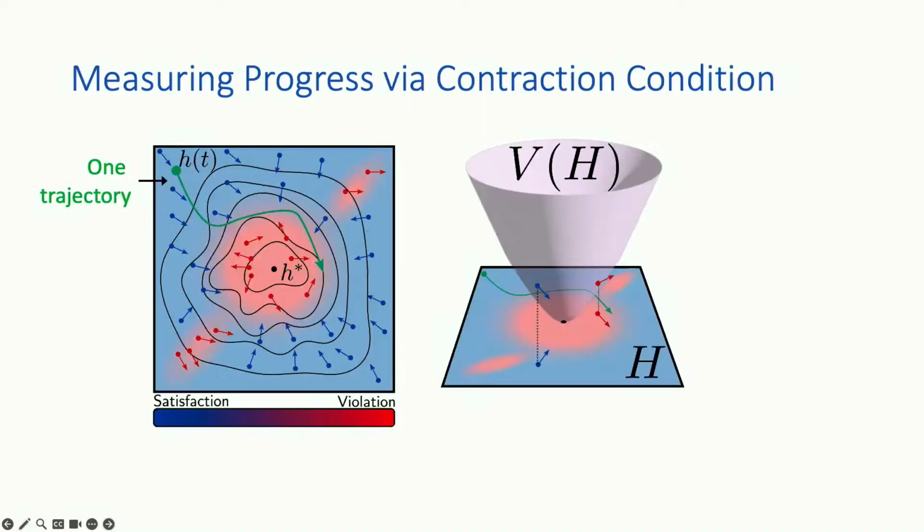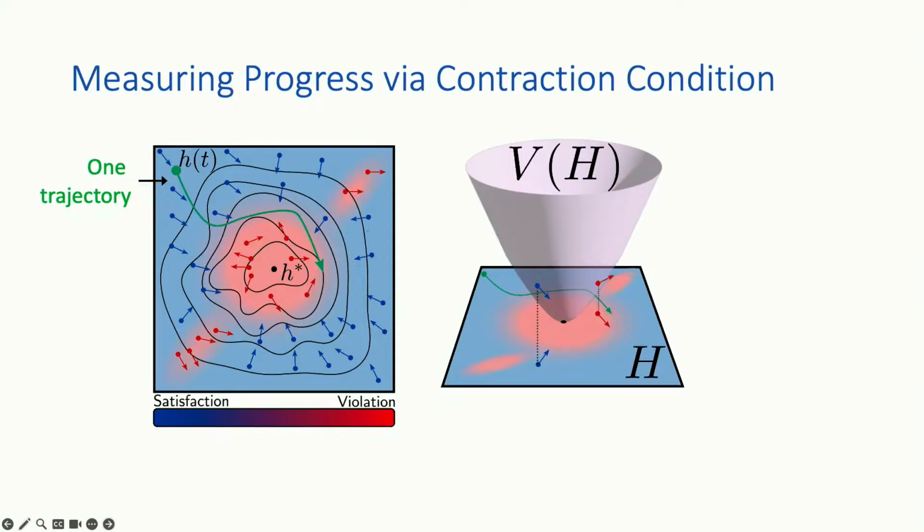So the way we think about building up to Lyapunov loss and the training objective is to measure progress via this contraction condition that I just described earlier. So what I'm showing you here, again, is a two-dimensional hidden state space. The red and blue arrows are the dynamics of the neural ODE, and let's just say, for simplicity, that h star is the location in the state space that minimizes my potential, which is the training loss.